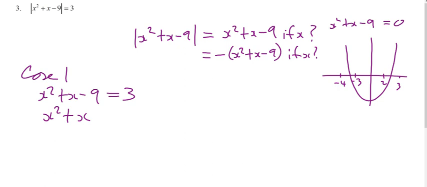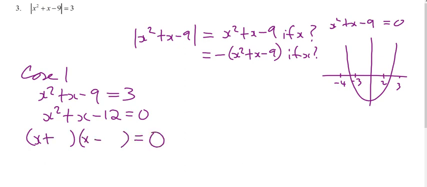That's nice, that factors, right? x squared plus x minus 12 equals 0. Okay, good. It's got a plus, it's got a minus, it's got a 4, it's got a 3. So x is negative 4 or it's positive 3.